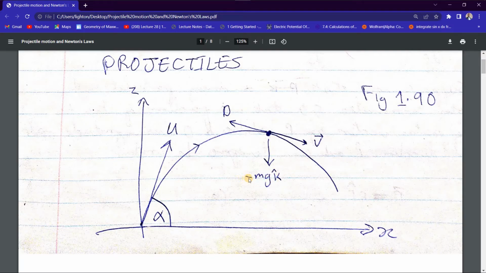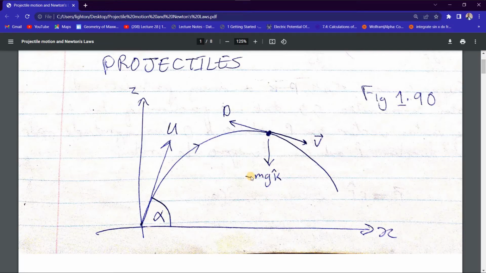This is why the minus is appearing here, because in most cases motion assumes that we take up as positive. So up is taken positive, down is taken negative. That's why you see this negative appearing on mg. Since we know that to get the force of gravity, we must multiply the mass of the object times the gravity.